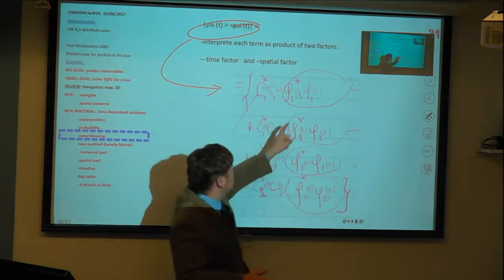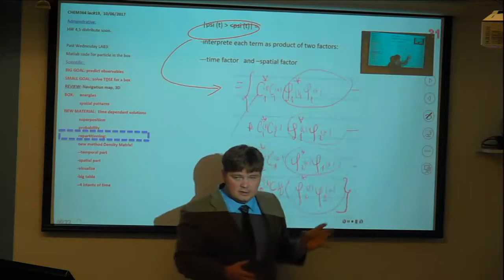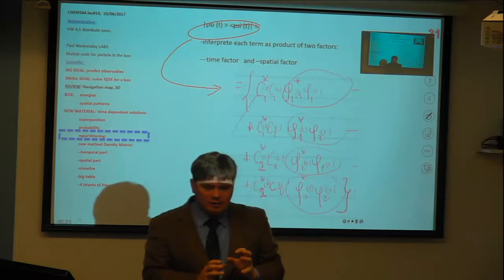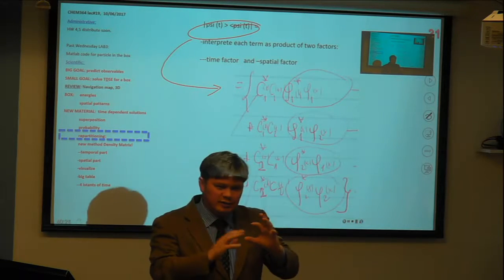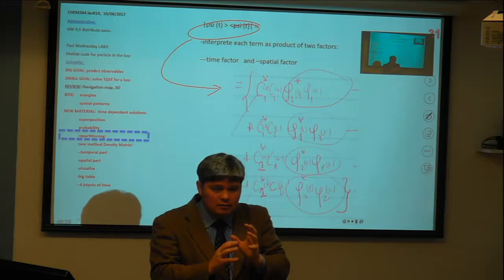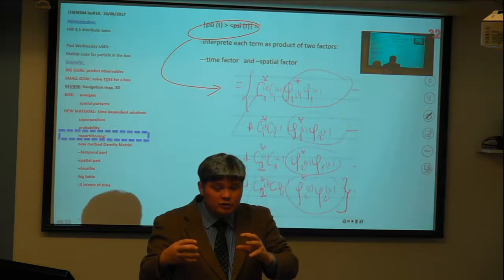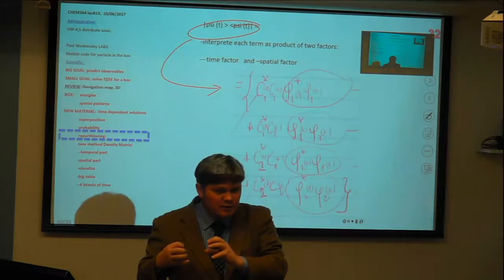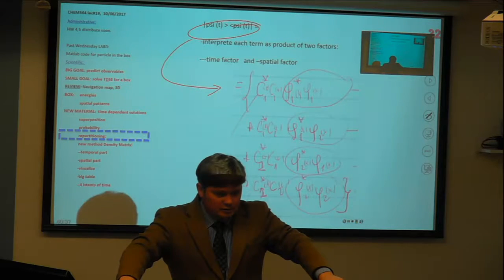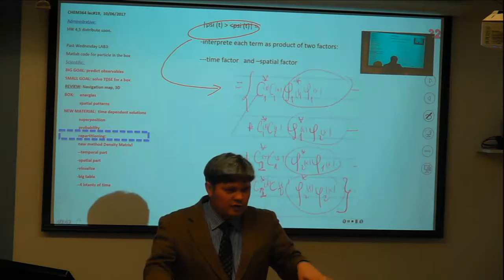So everything that is related to space can be processed, and if you need to integrate, multiply, even find some expectation values, you can do it before you start time evolution. So you can process all operations related to space and all operations related to time separately.